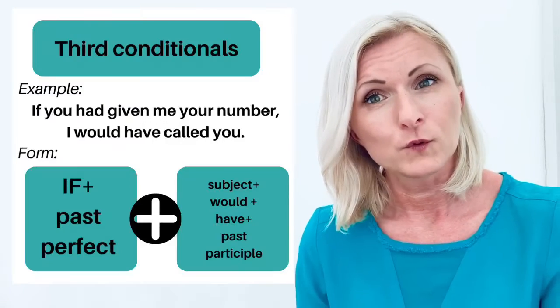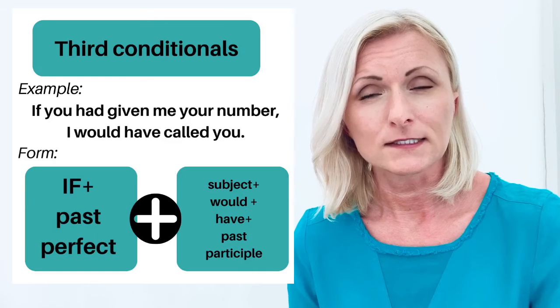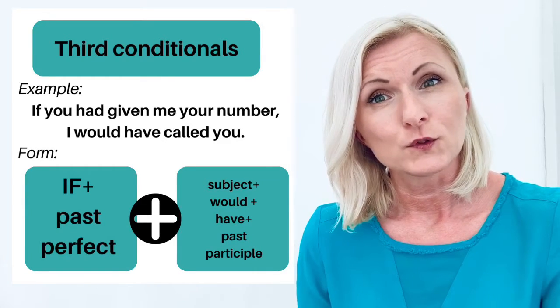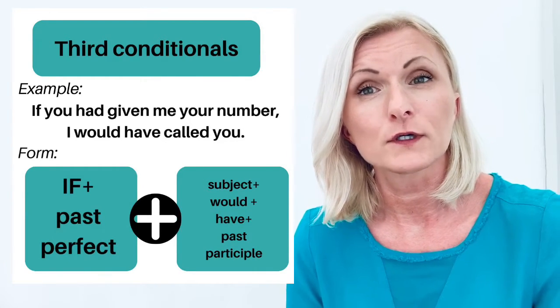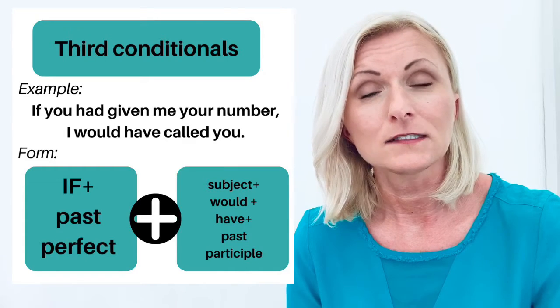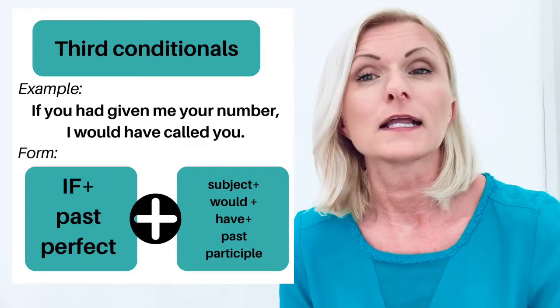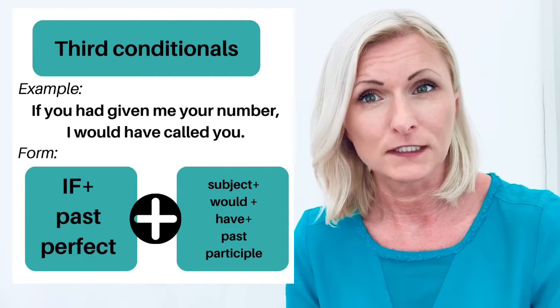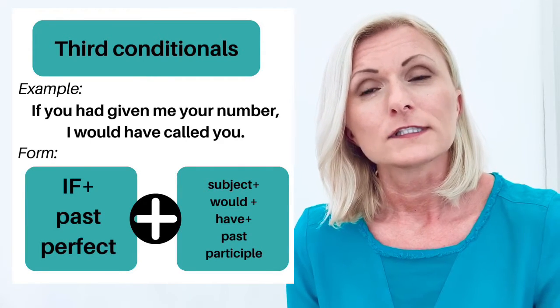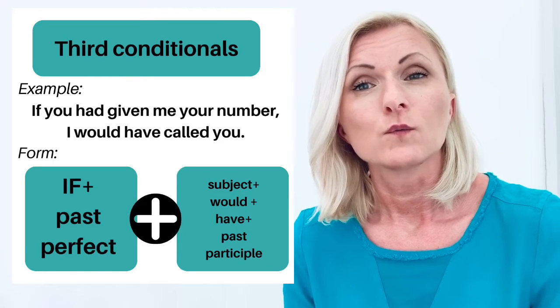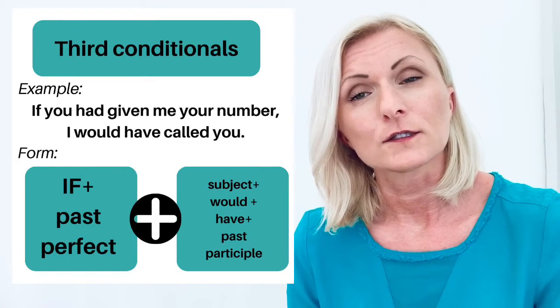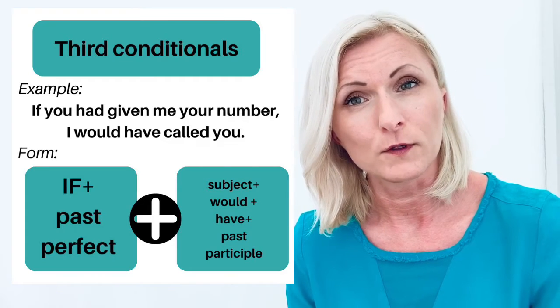So what is the form of the third conditional sentences? Well, in the if clause, we use the past perfect tense, which is had plus the past participle form of the verb. So had been, had seen, had finished. And in the result clause, we use would have plus the past participle form of the verb.